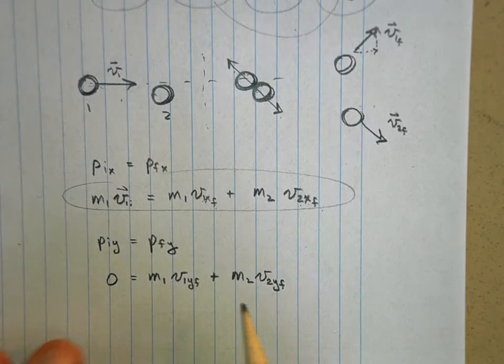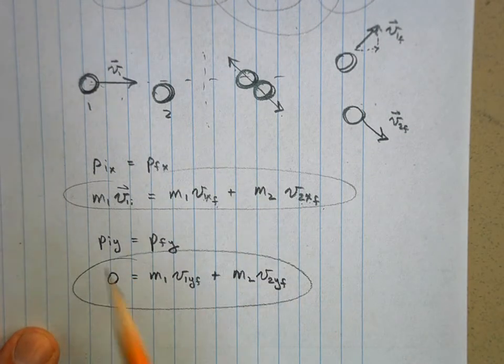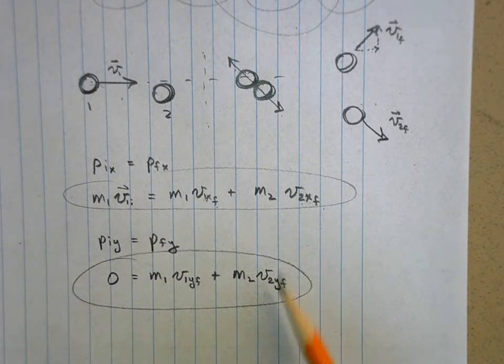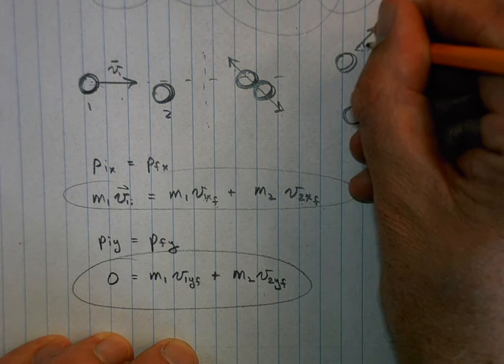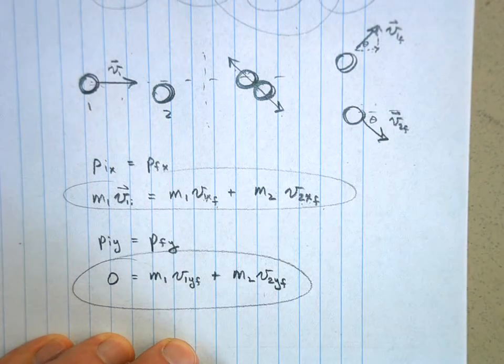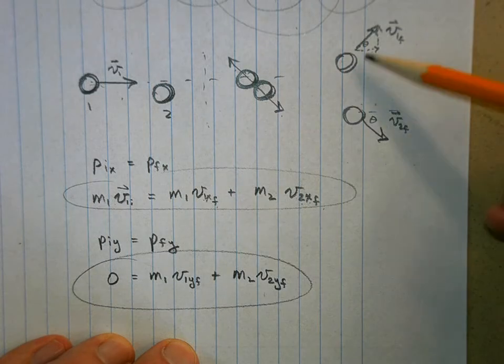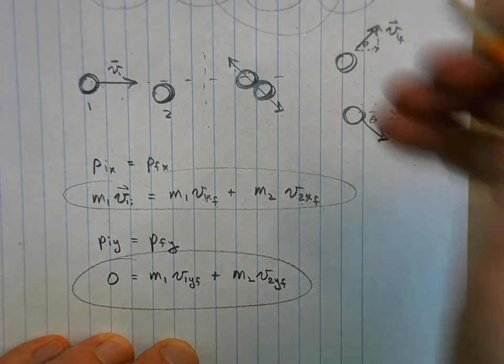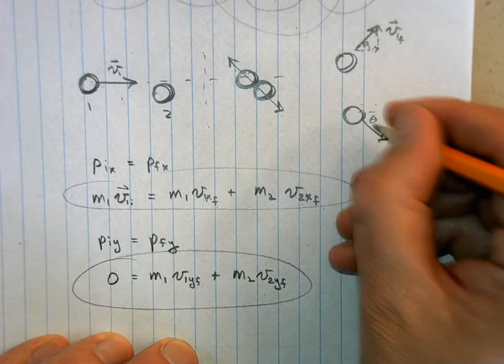So now, here is an equation now that lets me solve problems. You may have to use these two. And remember that there is another variable here, and that is the angle that these things come off after the collision. So you need to know what these angles are, and they're not necessarily the same. We'll call this theta 1 and theta 2.